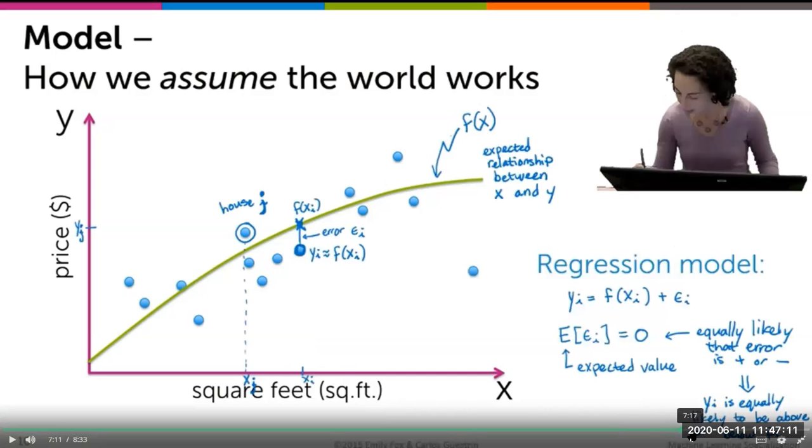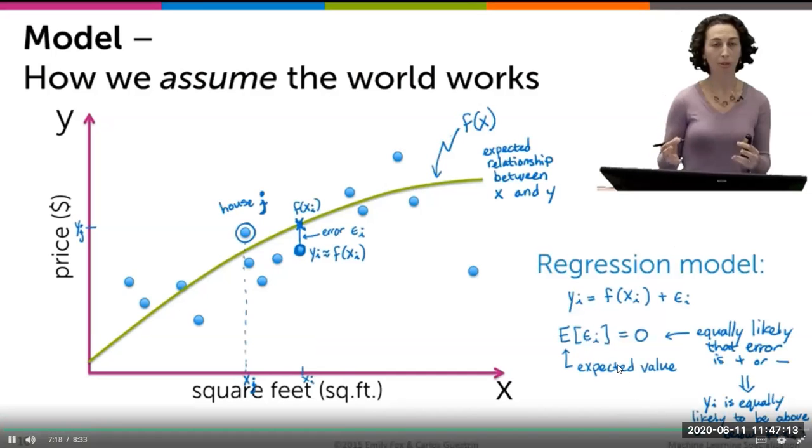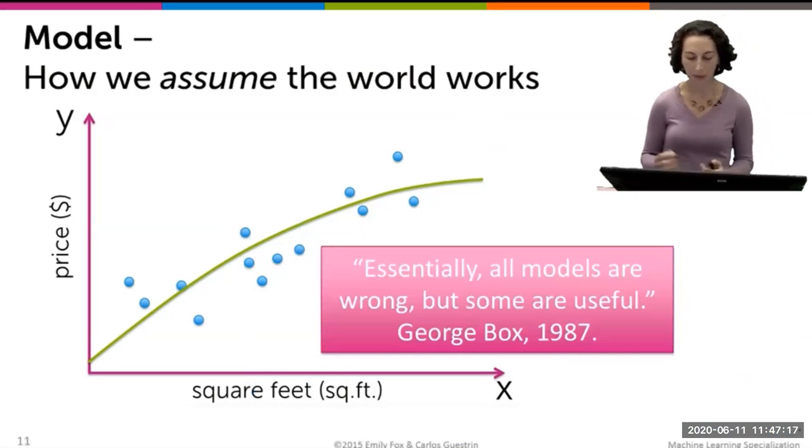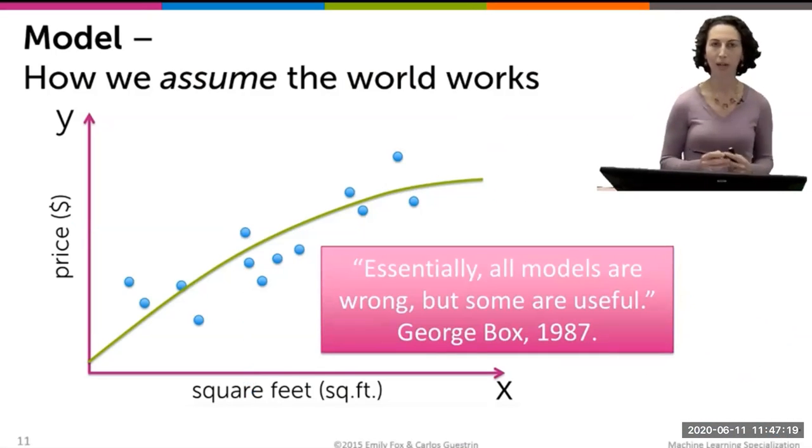Let's go back a little bit. The model that we're using is how we're assuming the world works. There's this very famous quote by George Box that says, essentially all models are wrong, but some are useful. What this means is no model is going to be exactly how the world works.